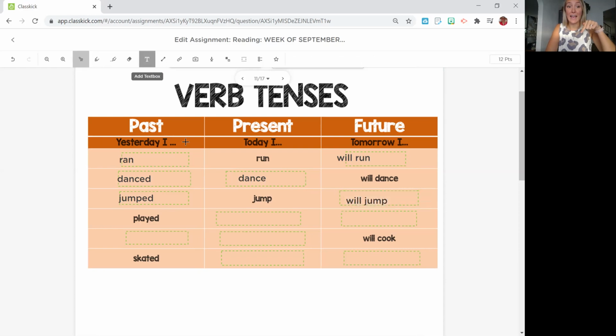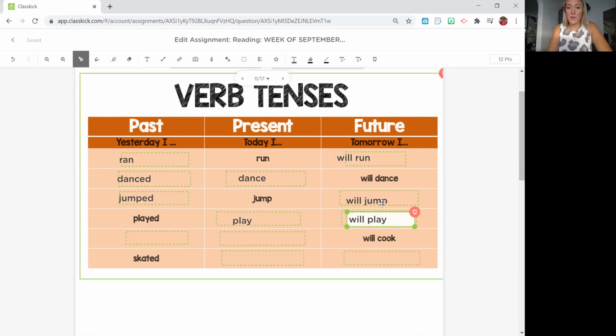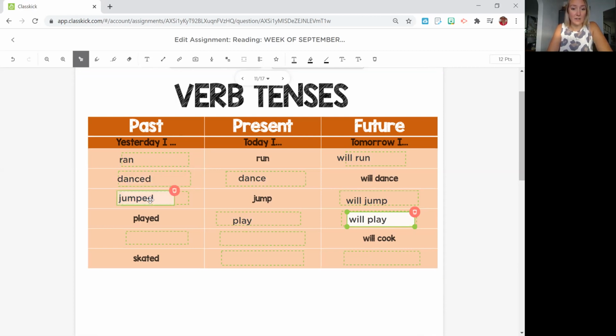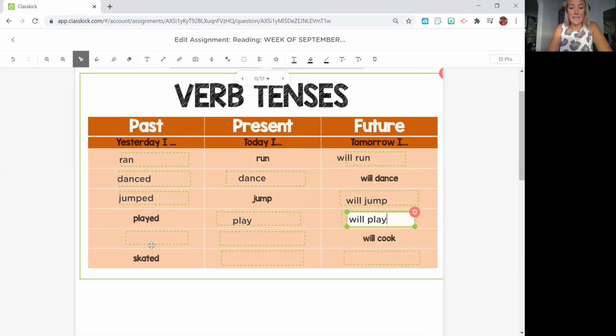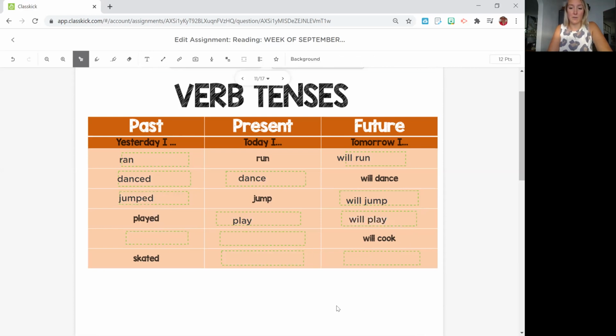Today I play. Tomorrow I will play. So you can see that there's a trend, especially for our future tense verbs. There is always the linking verb will before the verb. Some trends over here, there is typically the suffix ed after the verb.